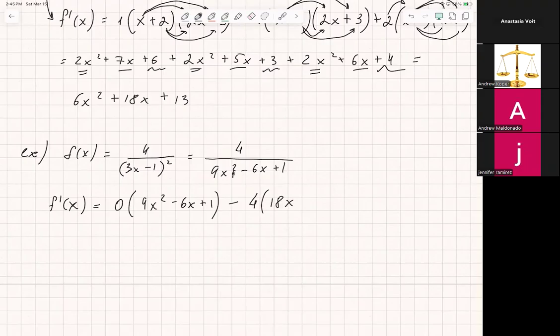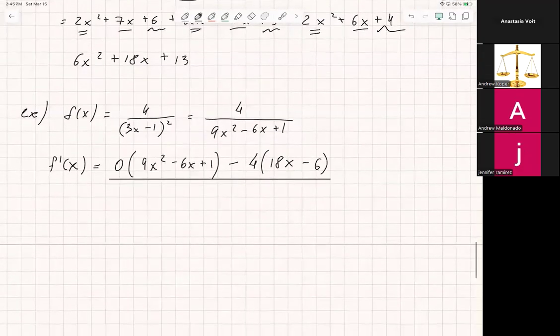And now we reduce this power by 1, so instead of 2, now we have 1 here. Now minus, again, 6x, the derivative would be just 6, and 1, the derivative would be 0. So we close the parentheses and we have the square of the denominator.